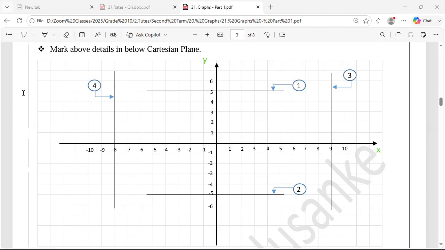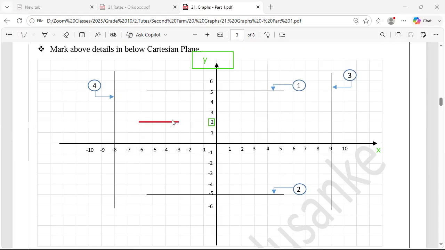So first of all, they are telling y equals 2. Where is my y? This is my y axis, the vertical one. So where can I find 2? Here is my 2. So draw a line which crosses through that 2, like this.